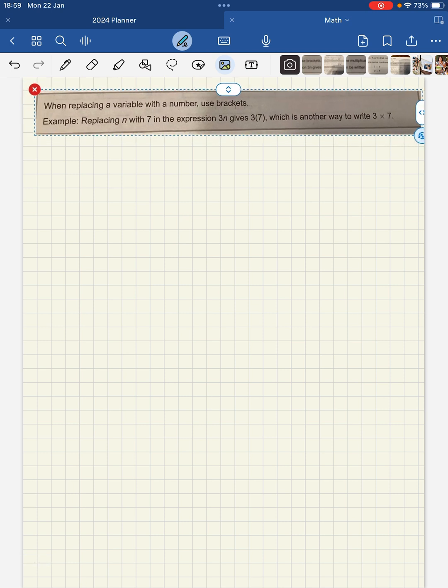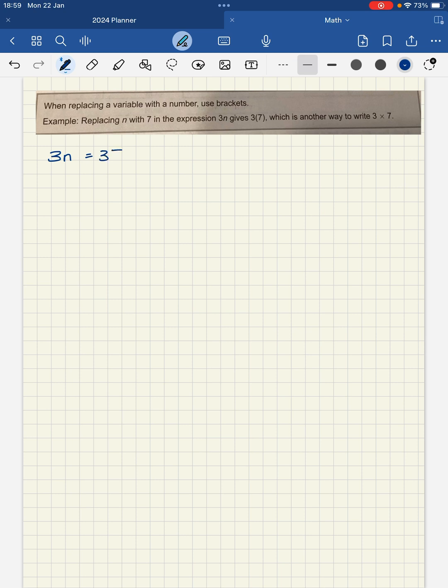When replacing a variable with a number, use brackets. So if you have 3n and it wants you to replace the n with a 7, you wouldn't just write 37, right? Because that's thirty-seven. You would put a bracket to show that it's 3 times 7.